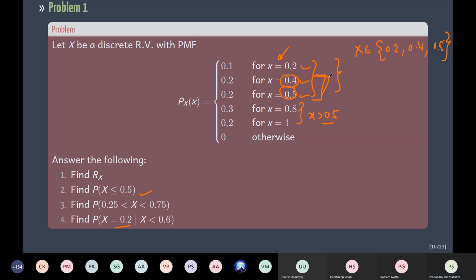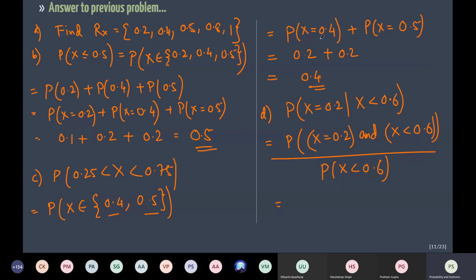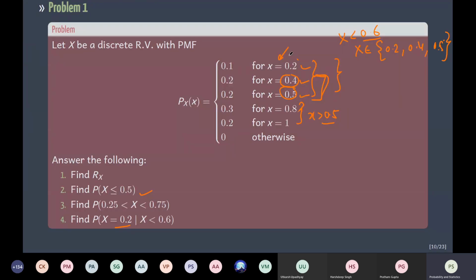The other event is x equal to 0.2, which is just this one value. So if I take the intersection of these two events, it will be just x equal to 0.2.